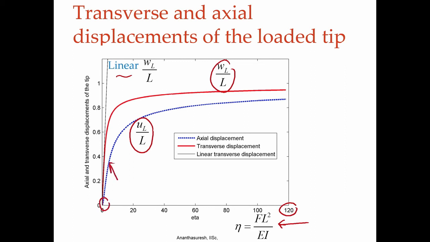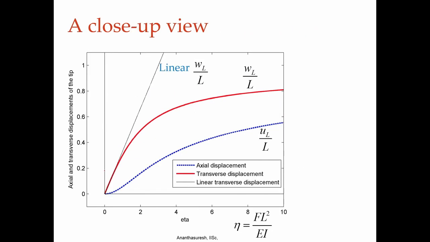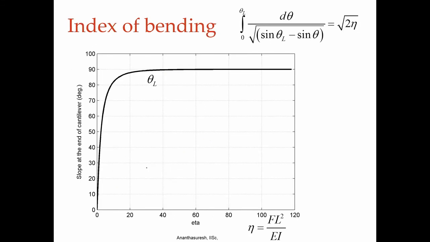You may wonder whether the slope of this curve, the dotted blue line, how come it has a finite slope? In fact, it does not, it has a 0 slope at the origin here, because linear analysis will not show you any U L. So, it should have 0 slope coming there. In fact, if we take a close up view of that, we can see that it actually has a 0 slope and then it turns like that, okay, that is taken care of.